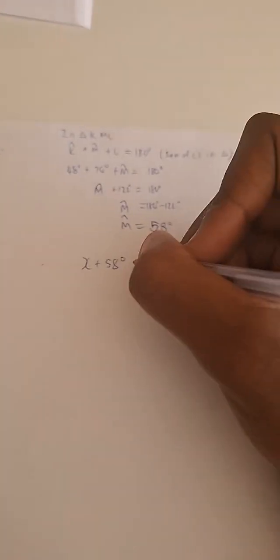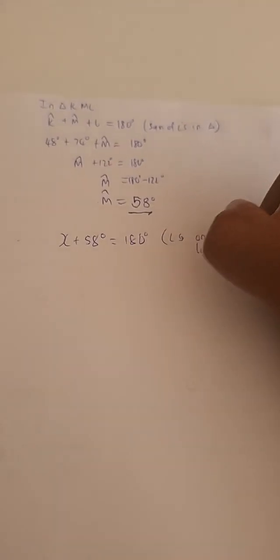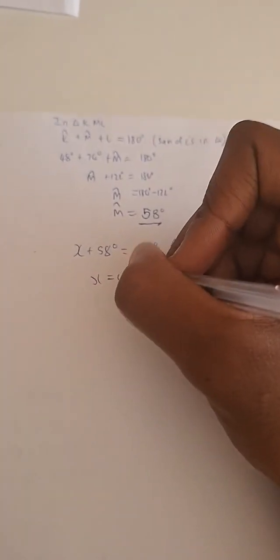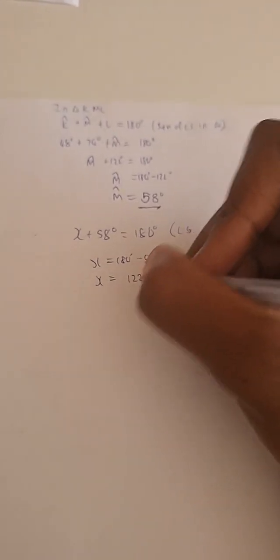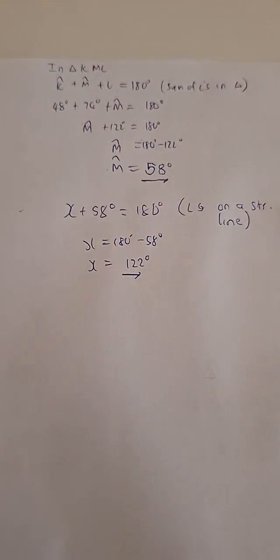So x plus 58 degrees is equal to 180, and the reason is angles on a straight line. Then x is equal to 180 minus 58 degrees, and we know that x is equal to 122 degrees.